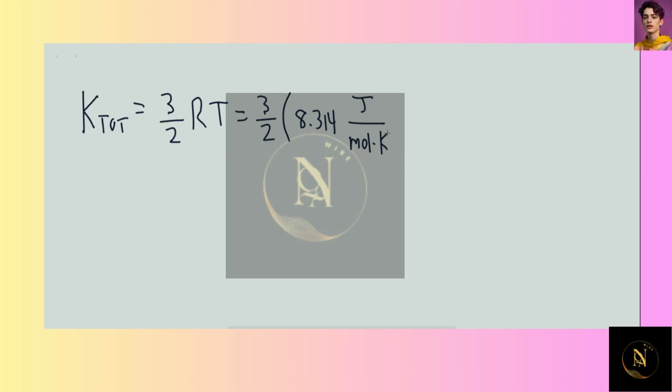So we have total kinetic energy of 3/2 RT, where R is the gas constant, and we know the temperature, we need to get it into Kelvin, however. We start plugging things in. We have 3/2 times the gas constant, which is 8.314 joules per mole Kelvin.